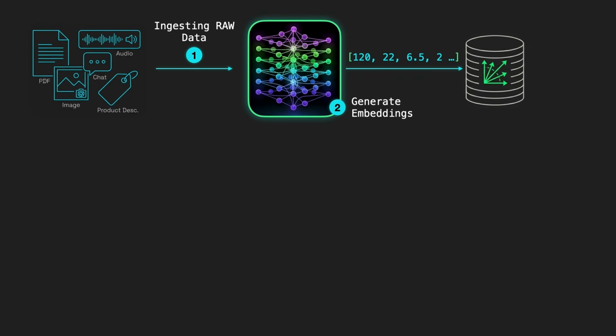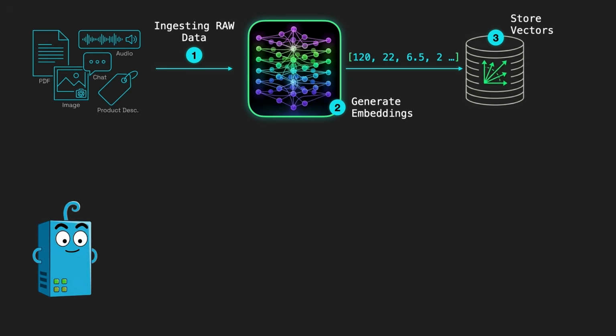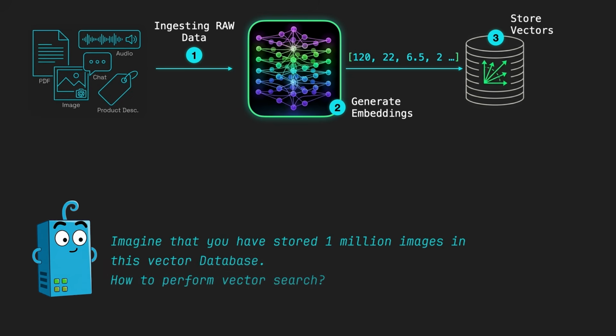Okay, now these vector embeddings are stored inside the vector database, but they are not stored alone. Along with these vector embeddings, you can store some reference to the original content, and also some optional metadata. Now, I want you to pause here for a moment and imagine that you have stored 1 million images in this vector database.